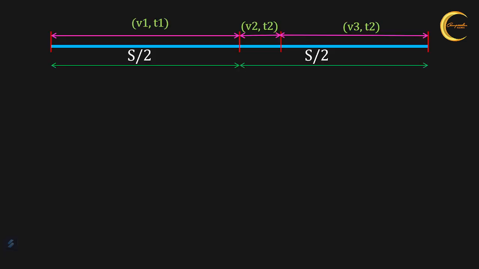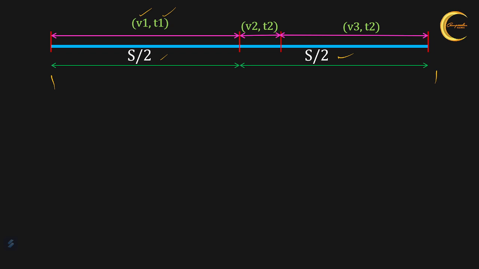Now let's see these problems graphically or by diagram. Here you see a straight line, and the total distance he has covered is s, so I have written s by 2 for half the distance, and another half is s by 2. For this half of the distance his velocity is v1, and he has taken some t1 time.